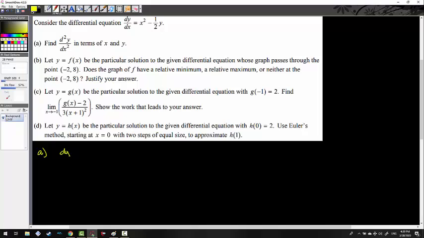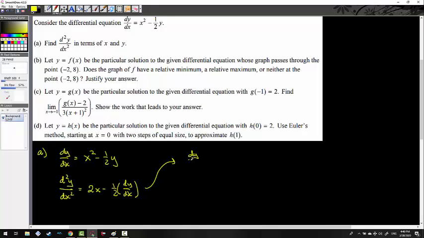So if dy/dx is equal to x squared minus 1/2 y, then d squared y over dx squared is going to be equal to 2x minus 1/2, and then some implicit differentiation, dy/dx. And what does that get me? I'm going to actually crank him up there, that way I can get some more vertical space.